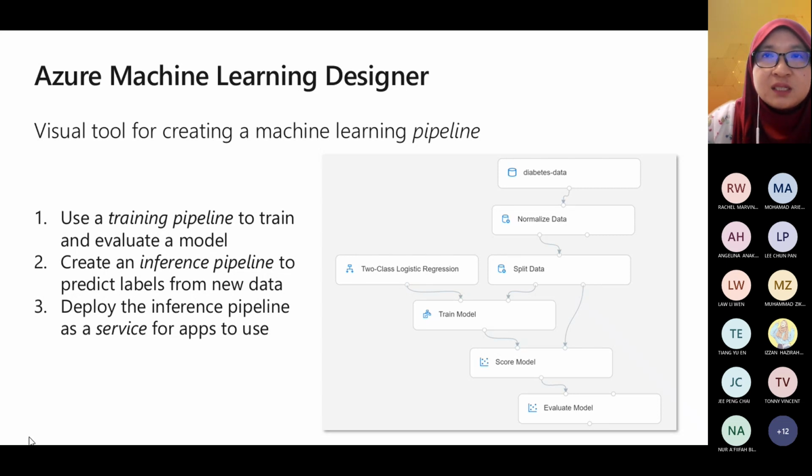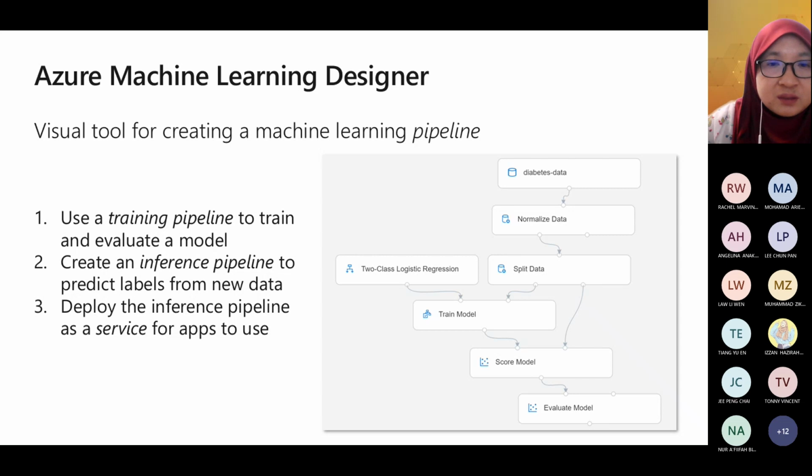So the training subset is connected to the train model. Apa pula train model? This train model module is where we feed the data to a function that predicts the diagnosis of diabetic or not diabetic. So yes or no kat sini lah. This is mainly on classification.